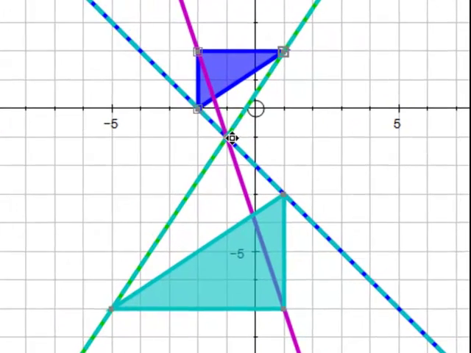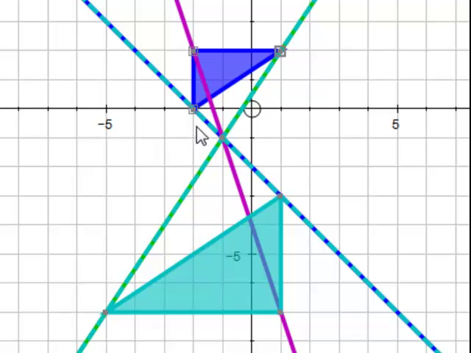I'll do that again. 1 left, 1 up, 1 right, 1 down. Let's take that point there, from here: 2 across, 3 up. 2 to the left, 3 down, 2 to the left, 3 down.